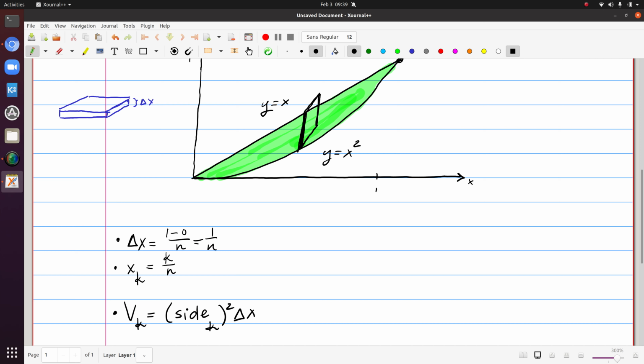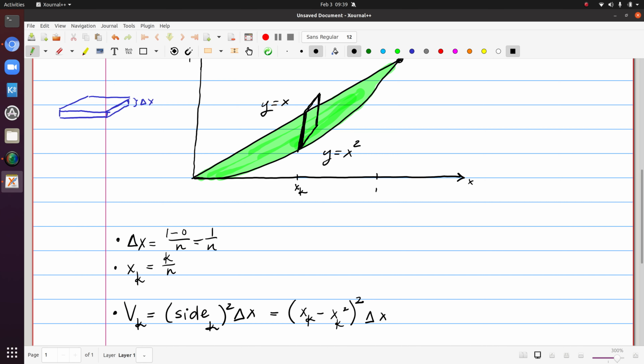If I want to get the side length, and we suppose this is x_k, the side length is simply plugging x_k into the top function, y equals x, and subtracting what we get when we plug x_k into the bottom function, y equals x squared. So that represents the side. We're squaring that because of our side squared formula and multiplying by that dimension delta x.